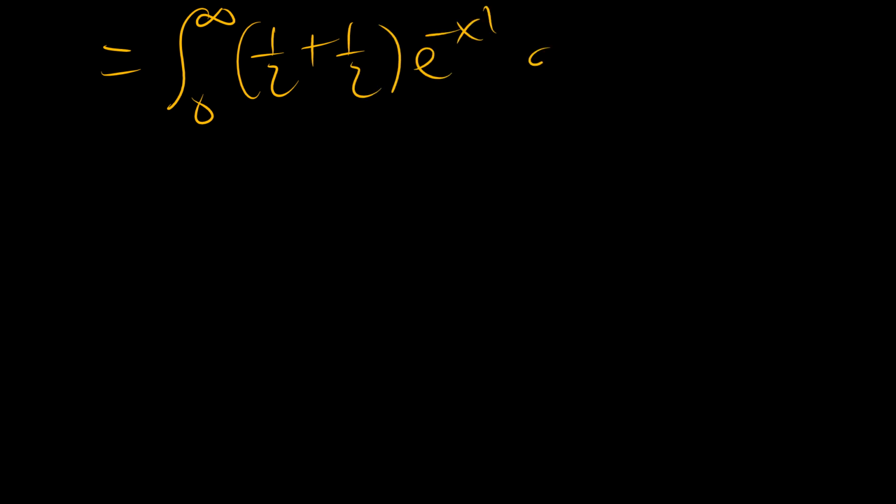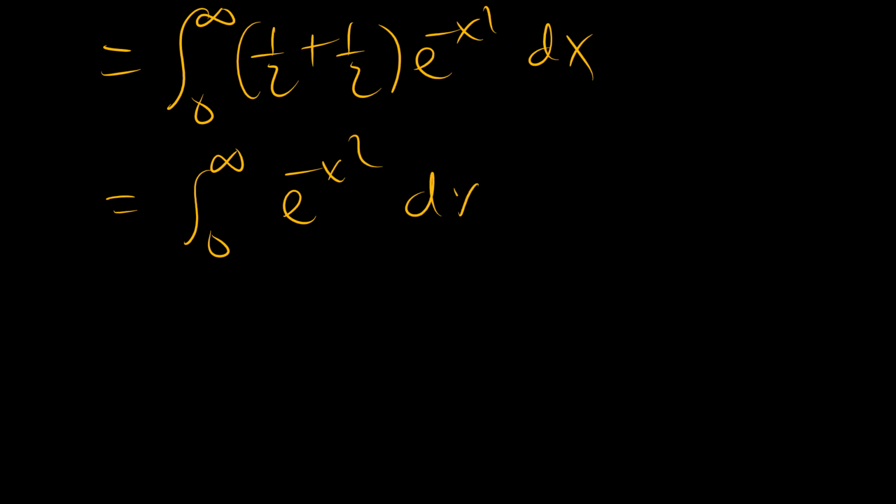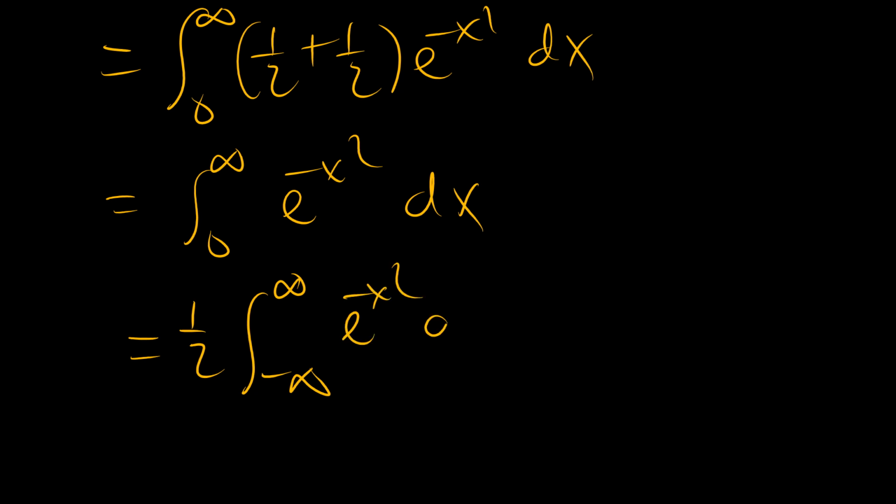e to the minus x squared, which is 0 to infinity of e to the minus x squared, which is the same as a half integral from negative infinity to infinity of e to the minus x squared, which is a half of the square root of pi.